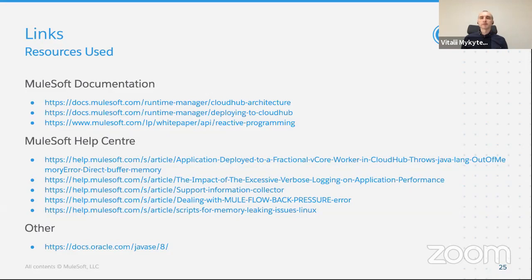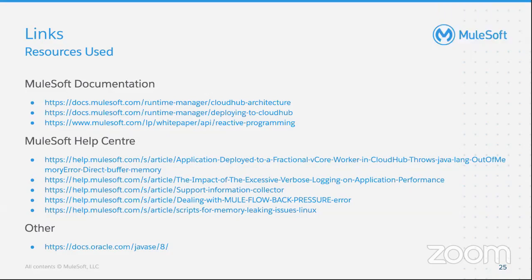When, for example, the CPU is burned, there is an increase in response time, and probably Mule flow back pressure errors, because the rate of incoming requests has not changed, but the workload has become gradually slower. Responses like 503 might come back to the request. Something like this. Thank you.